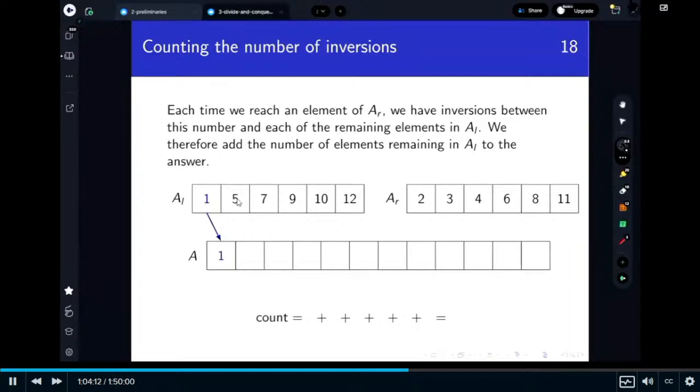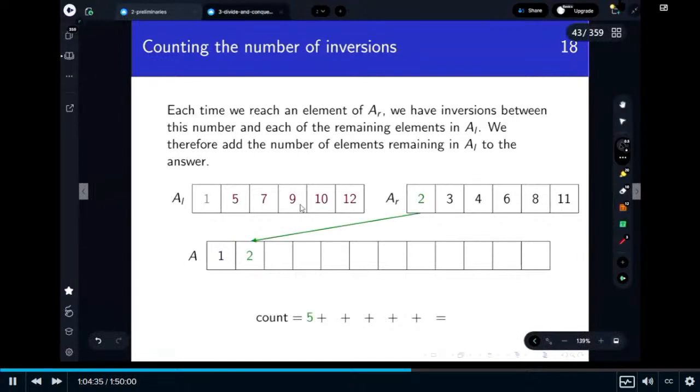From that moment onward, we know that it forms an inversion with all the remaining elements of AL. We know the size of AL and how many values we have already copied, so we can keep track of this. So 2 forms 5 inversions with AL. We put 2 into our sorted list, and then we count 5.